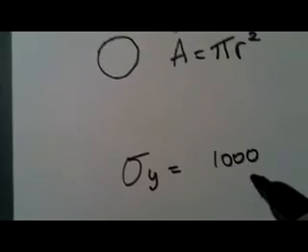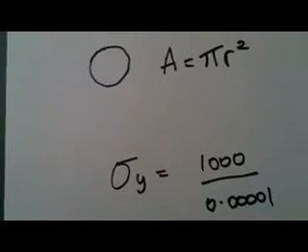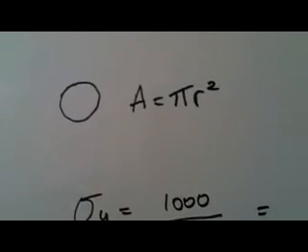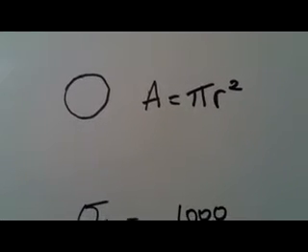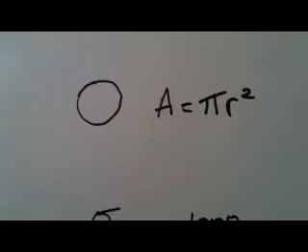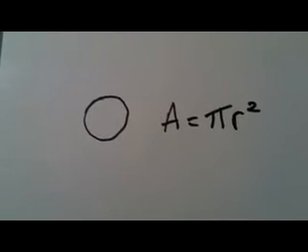So once you've worked out the area and you've identified the force, then all you need to do is put in the values. So we've got 1,000 divided by 0.00001, and then you get your answer, which is something like massive. Okay, I get an error.